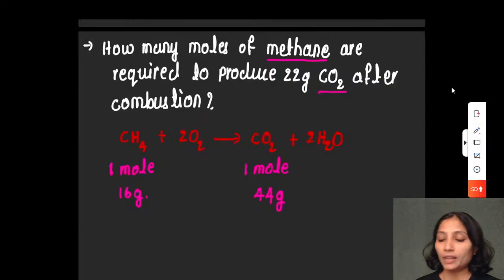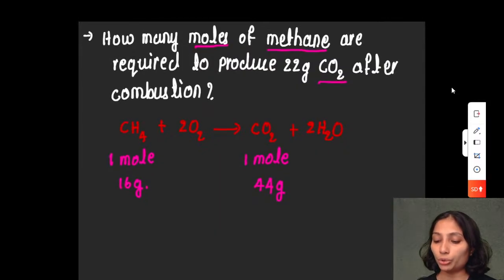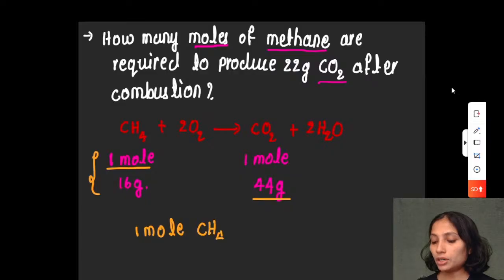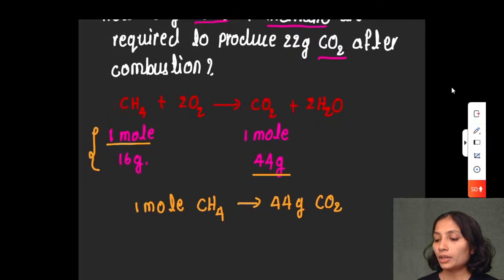And what is the relation given? How many moles of methane are required to produce 22 gram of CO2? From the relation here, 1 mole of CH4 is producing how much gram of CO2? 44 gram. 1 mole CH4 is producing 44 gram CO2.